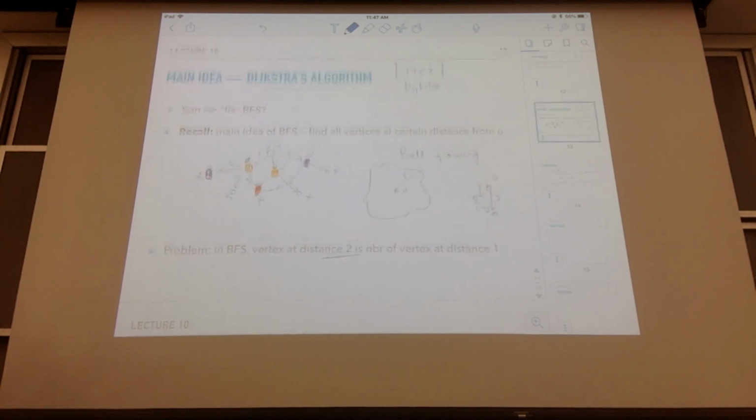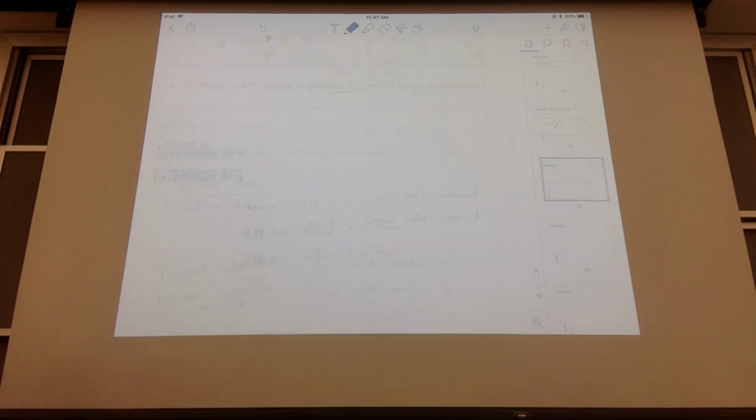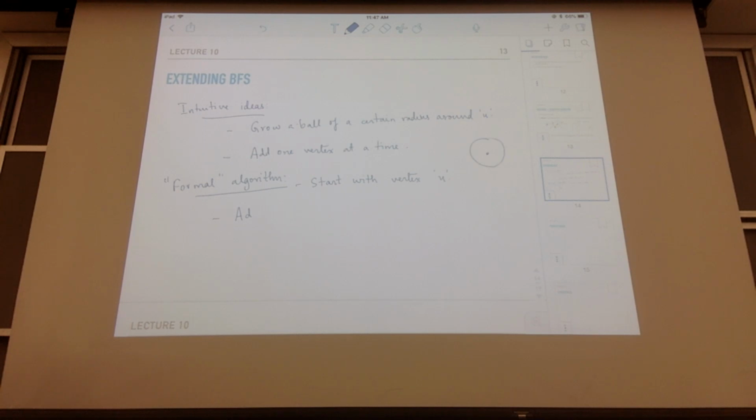You should think of what the algorithm is doing as some kind of building a tree. Let me come to that in a minute. You can either think of it as building a tree or growing some kind of a region. So we start with u here.